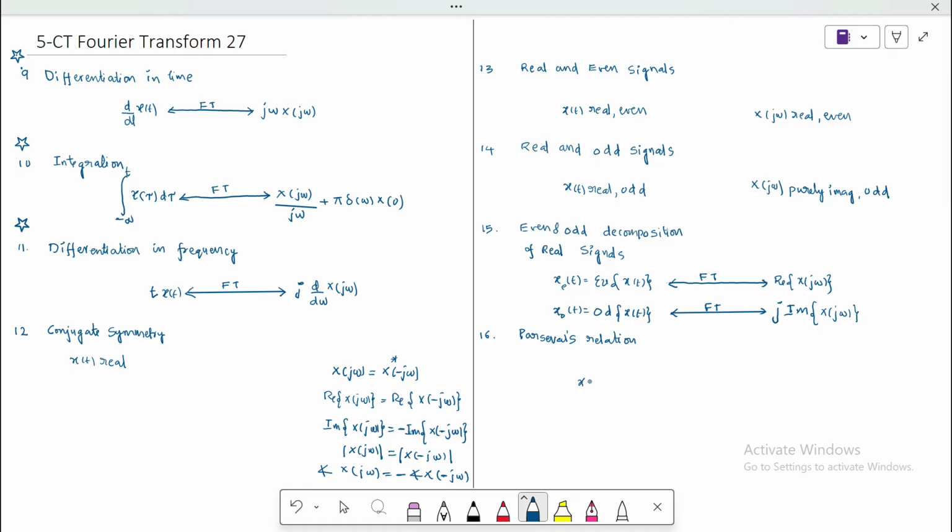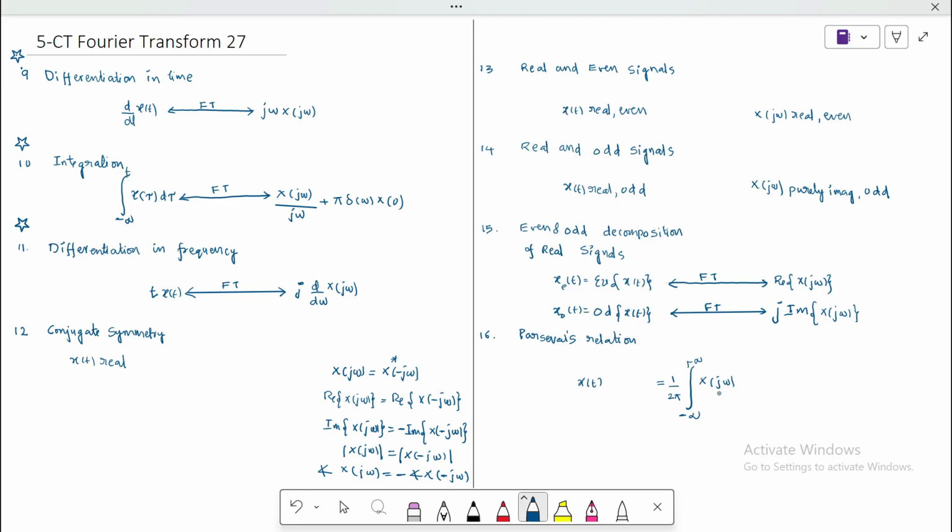On the left side, take x of t in the time domain; on the right side, x of j omega. First, write down the formula for x of t: x of t equals 1 by 2 pi, integral from minus infinity to plus infinity of x of j omega into e power j omega t into d omega. So this is the energy relation.